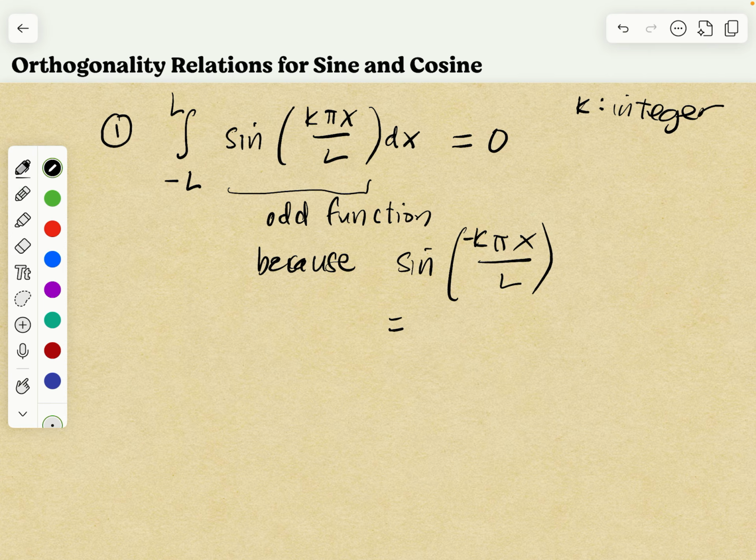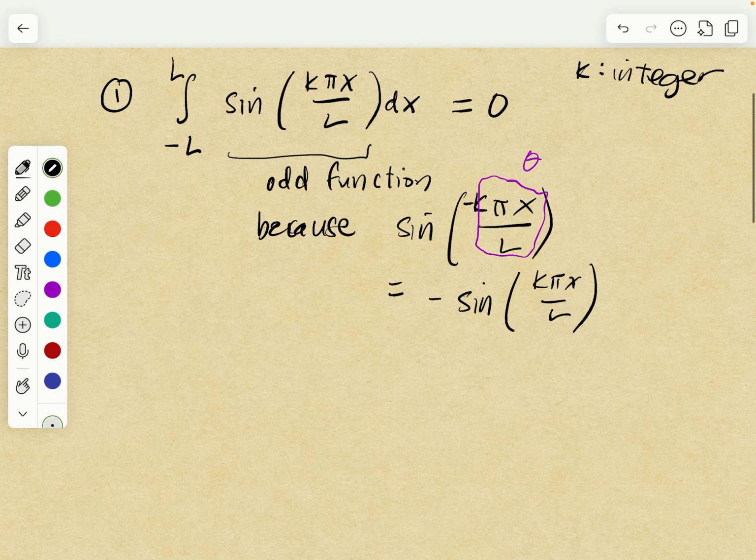And there's the odd property of sine, that sine of negative theta is equal to negative sine of theta, where k pi x over L would be your theta. So you have sine of negative theta equals negative sine of theta. That shows that this function is an odd function. Okay. So you get 0.